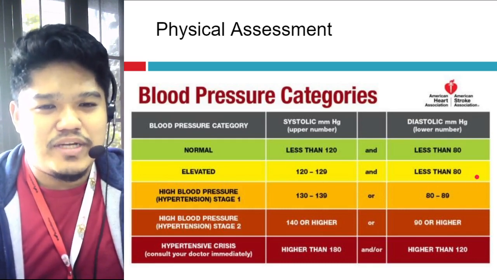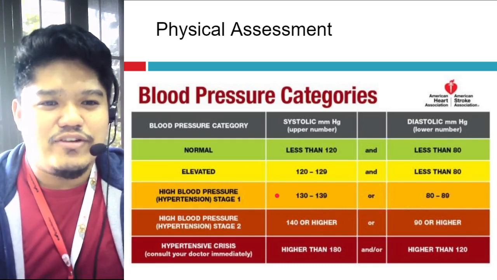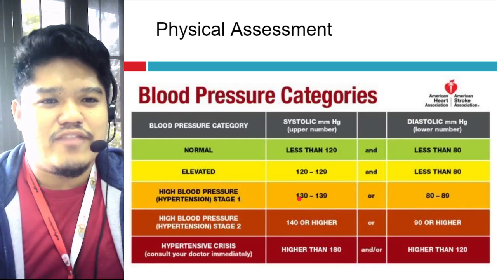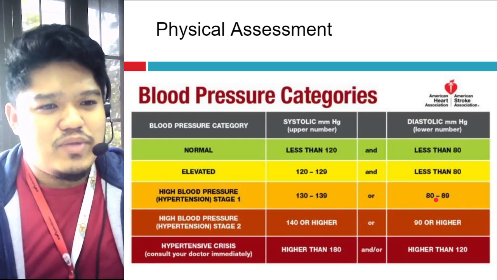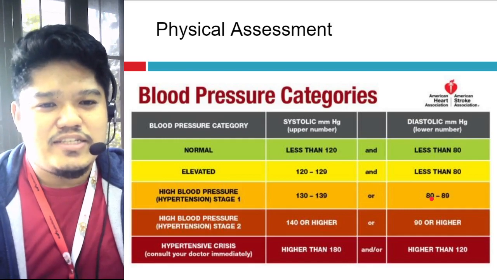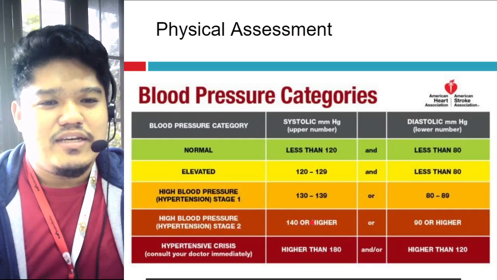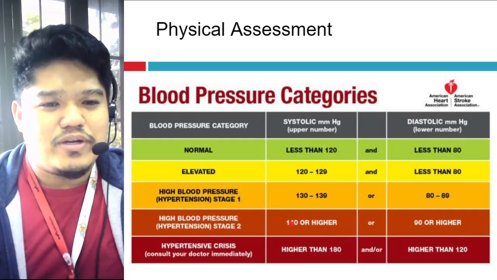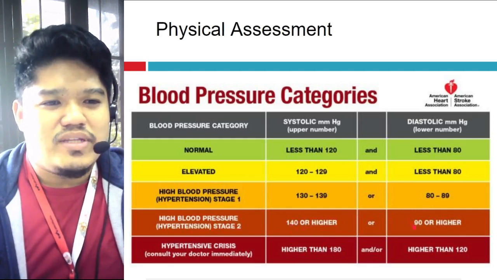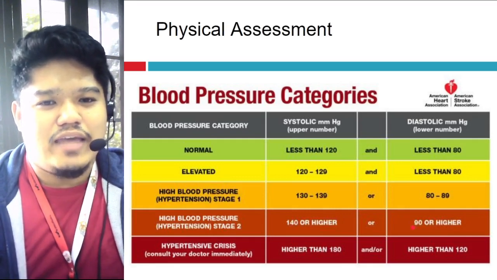And a high blood pressure or hypertension stage 1 is considered to be 130 to 139 of the systolic and between 80 to 89 of the diastolic blood pressure. Stage 2 hypertension is considered when the blood pressure increased to 140 millimeter mercury or higher with a diastolic blood pressure of 90 millimeter mercury or higher.